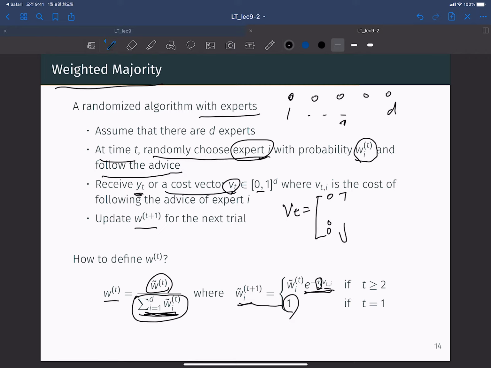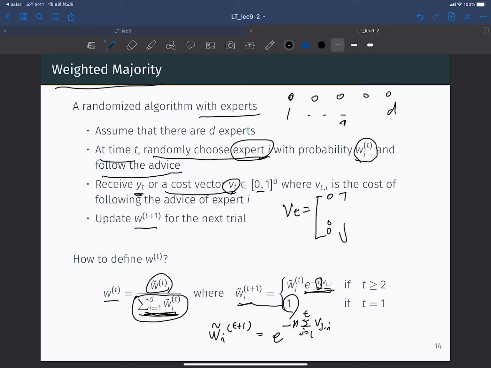Then from the exponential property, basically w tilde i, t+1 is equal to exponential of minus eta times the summation from j=1 to t of v_j,i.